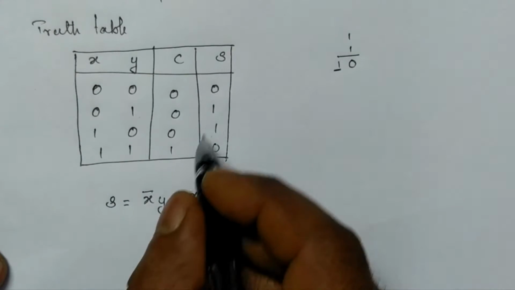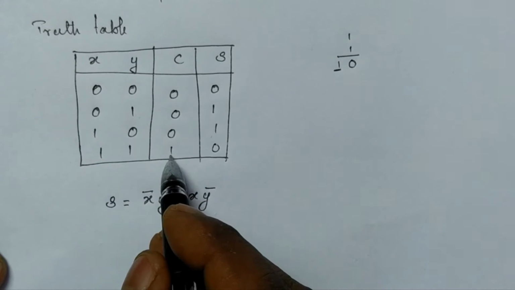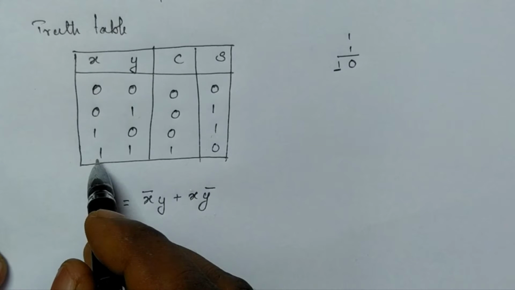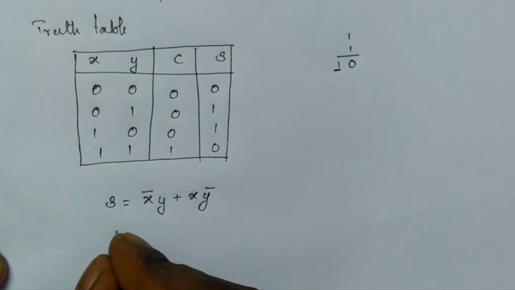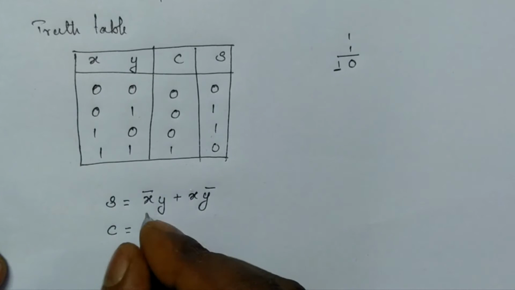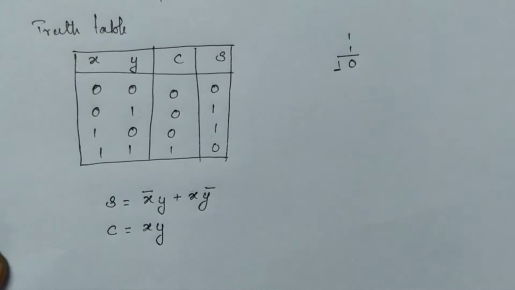Likewise we go for representing carry. Here carry is 1 only when x is equal to 1 and y is equal to 1, therefore carry is equal to x y.